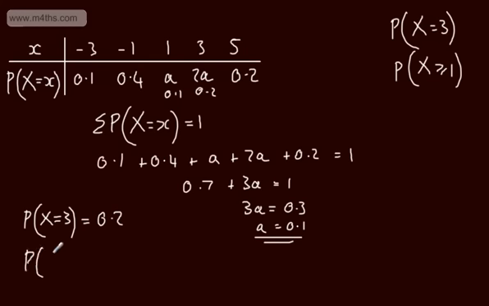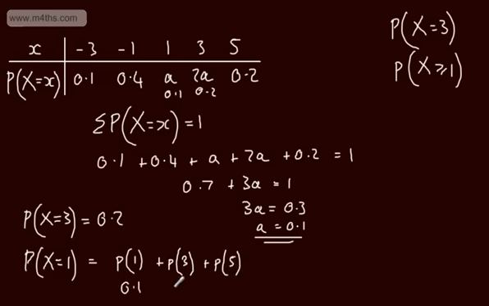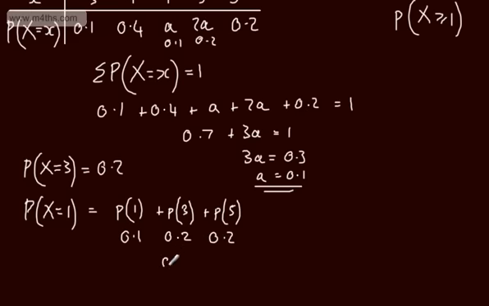Now we want the probability that X is at least 1. We can say that the probability of X being greater than or equal to 1 is equal to, and I'm going to use a slightly different notation just to change things around, the probability of 1 plus the probability of 3 plus the probability of 5. So we've got 0.1, 0.2 and 0.2. So that's going to be 0.5.